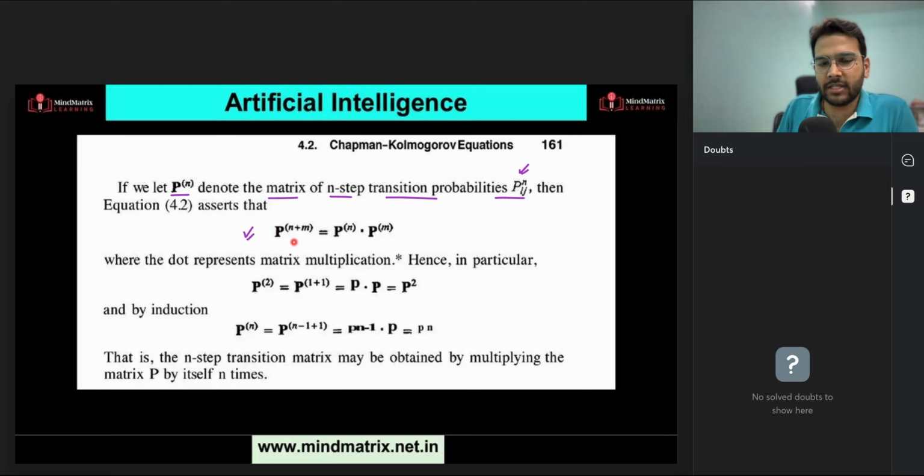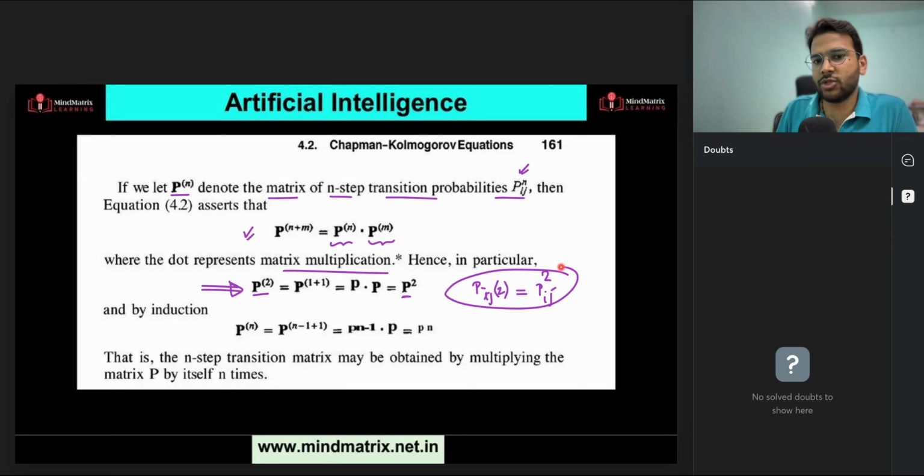This matrix can be written as P of n plus m, that means the total steps, equal to P of n into P of m, where this dot is nothing but the matrix multiplication. If you carefully observe, this is what we have seen, right? P into P, that means P square, so P after two steps is nothing but P square ij. Yes or no? The same thing we have seen. So this is what it is talking about.